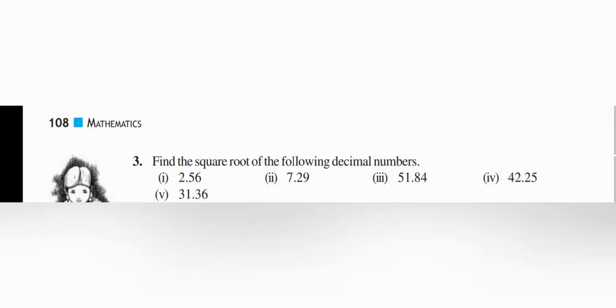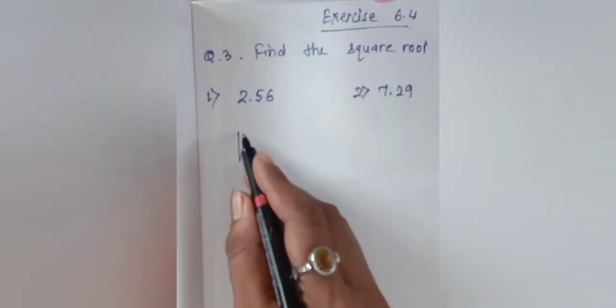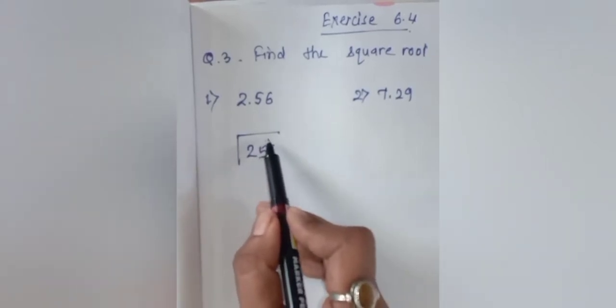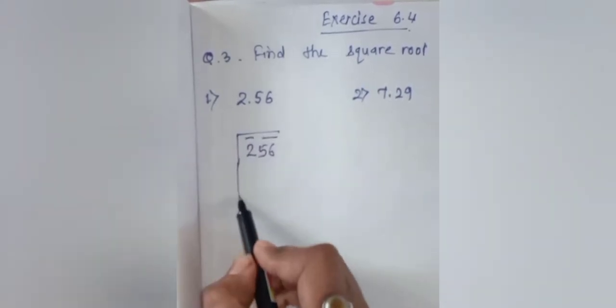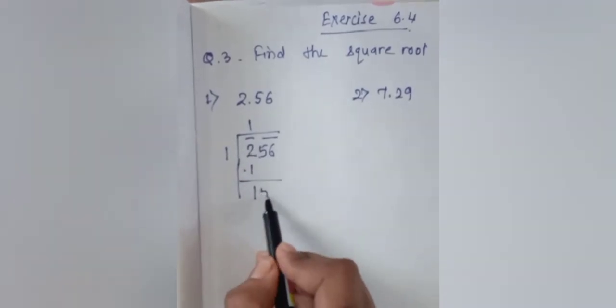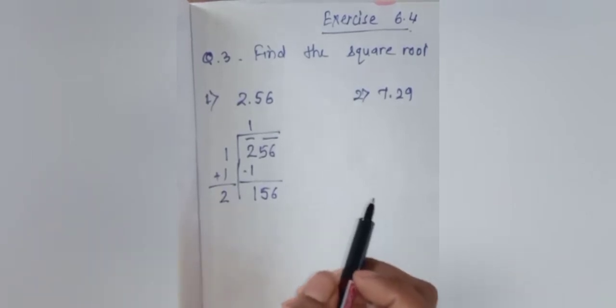Question number 3, find the square root of the following decimal numbers. Question number 2.56, so again having the long division method, put the bars on 56 and 2. Now find the square number, so 1 into 1 is 1, so the remainder we have is 1, and bringing 56 down, 1 plus 1 is 2.